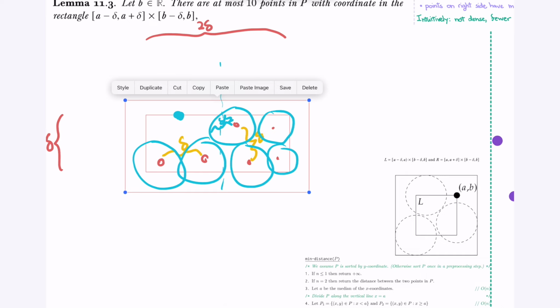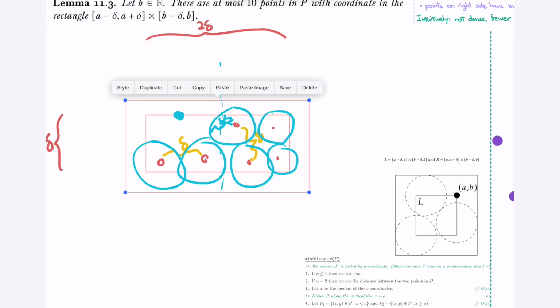So this rectangle is like maybe 2 delta times 3 delta, so like 6 delta squared total area. And each of these points reserves for itself an area of delta over 2 squared times pi. So you can only fit so many in until all the area is taken up.